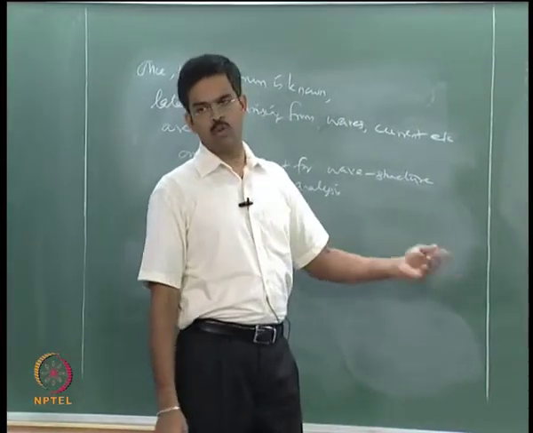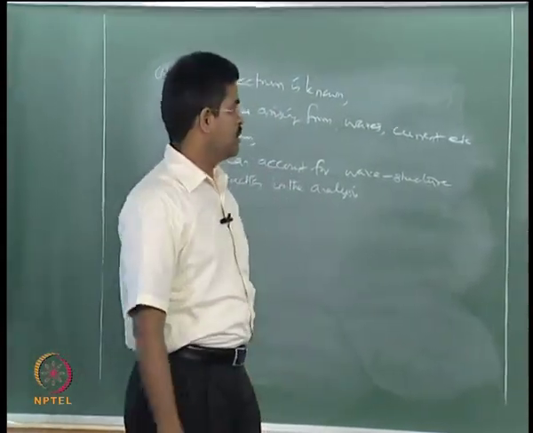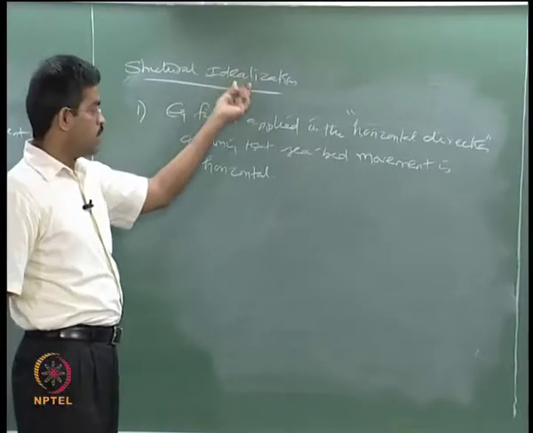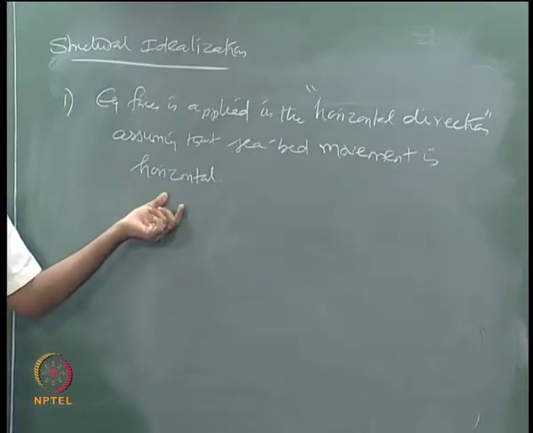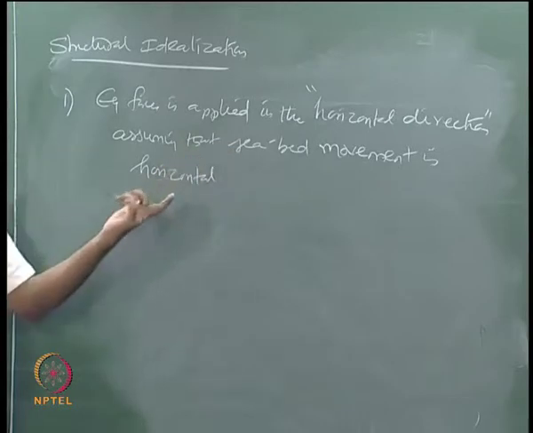So, in the vertical direction we do not impose, okay. That is an idealization what we do in the analysis. I will come to this explanation why it is so later. Let us try to understand that the sea bed movement is considered to be horizontal.